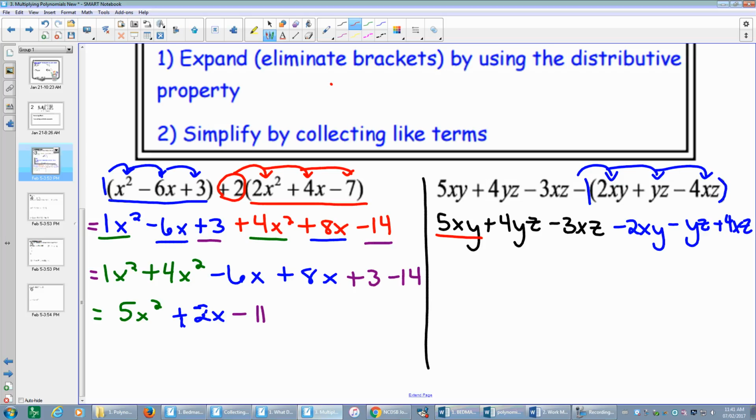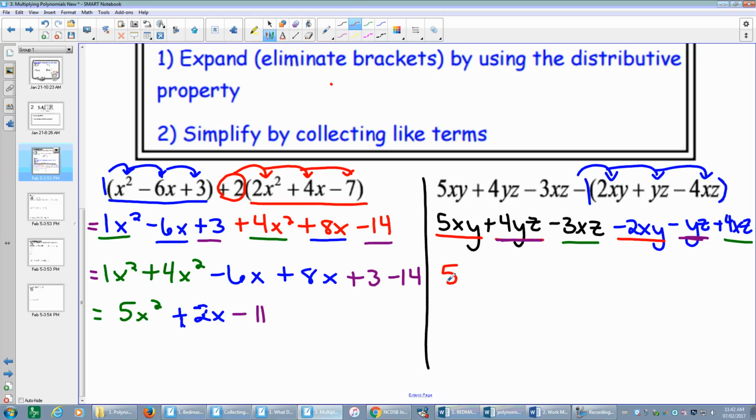So now my step is going to be grouping like terms. I have an xy here, an xy here, a yz here, a yz here, xz, xz. Again, it's not too particular which order you group this in, so I'm going to go in the order that it appears here.